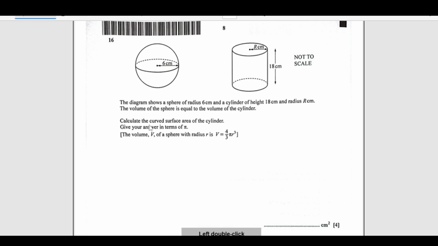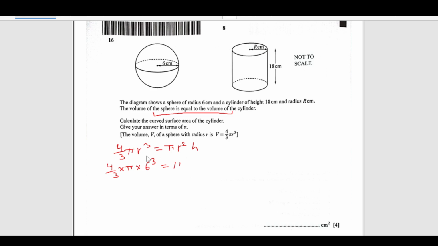So now what is given? We are given that the volume of the sphere is equal to volume of the cylinder. So volume of the sphere is 4 by 3 pi r cubed and volume of the cylinder is pi r squared h, right? So 4 over 3 into pi into radius here is of the sphere is 6 cubed.